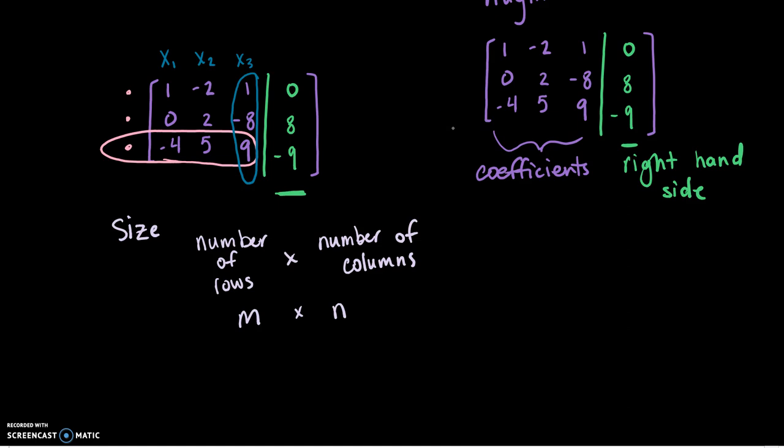That should make sense because we're going to have n number of variables, and we're going to have m number of equations in our system.